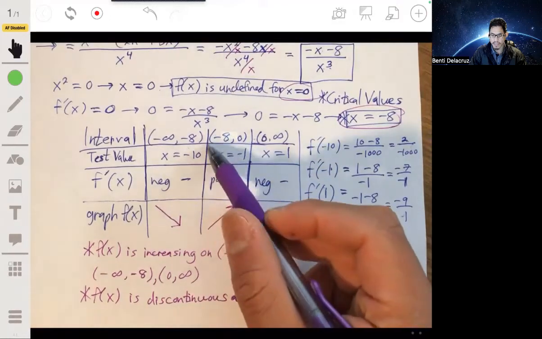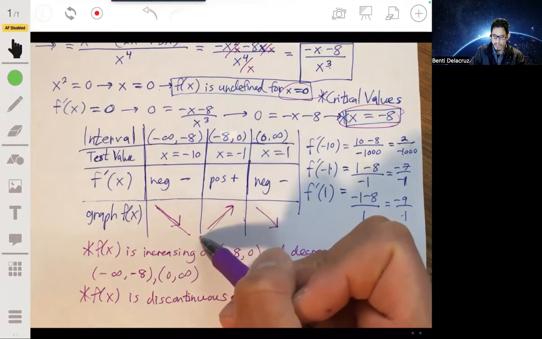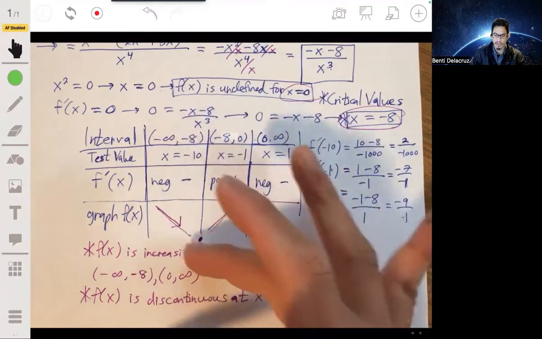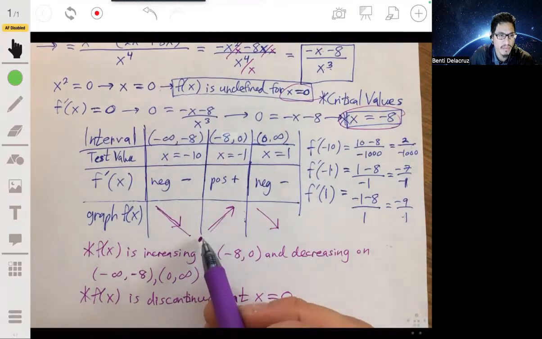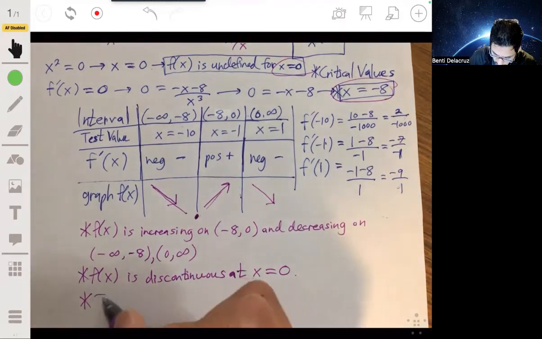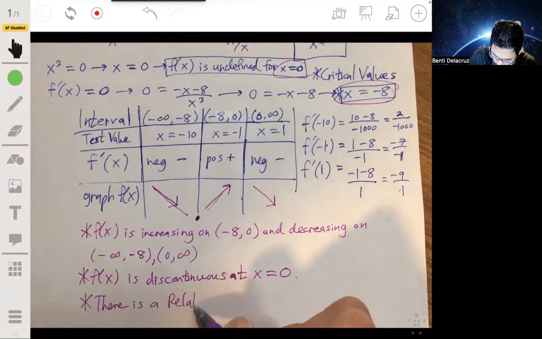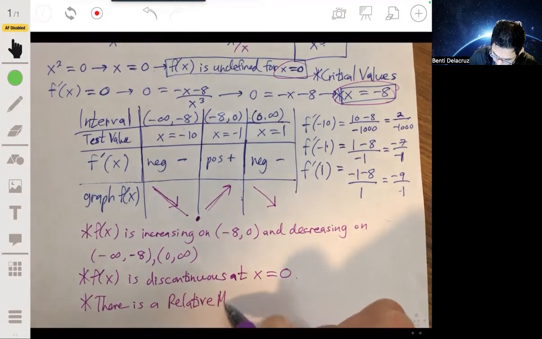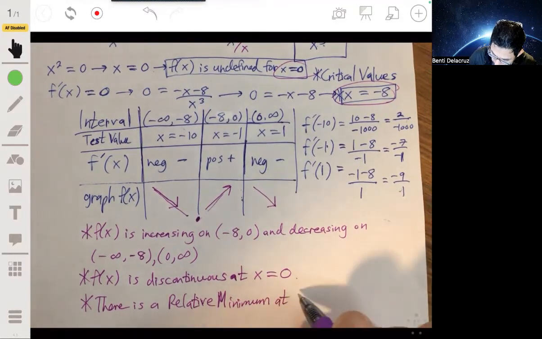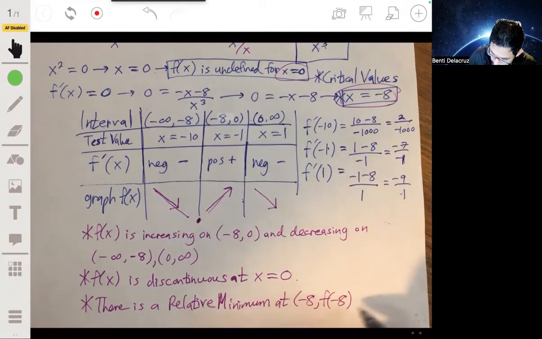But it's not discontinuous at -8. So if it's going down, then going up, that means there's going to be a minimum point here. That's going to lie at the bottom, downward to upward. So there's going to be a relative minimum at -8, f of -8.